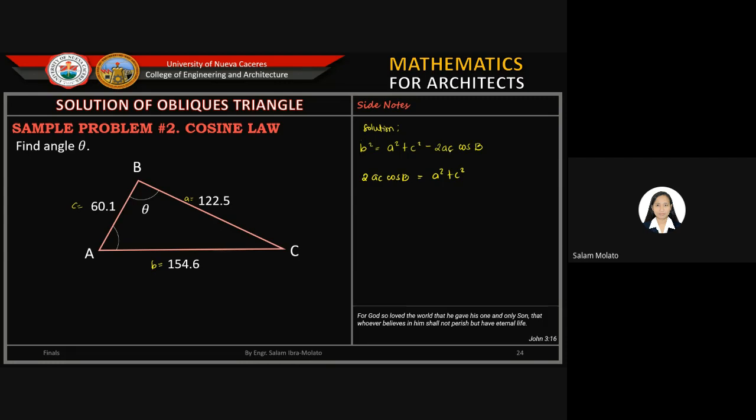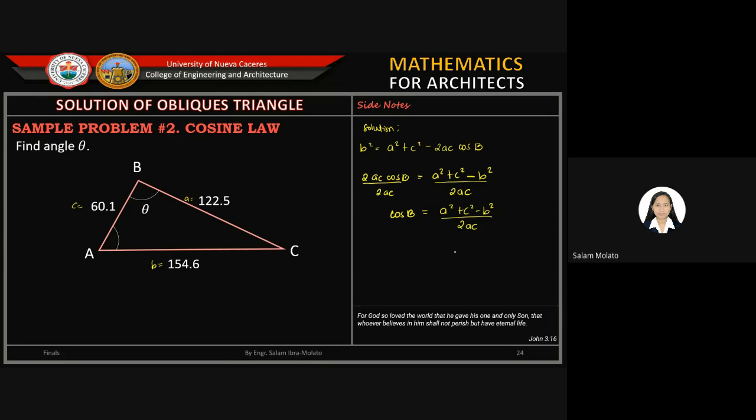Transposing B squared to the other side, it becomes negative B squared. Divide both sides by 2AC to isolate cosine B. So, cosine B is equal to A squared plus C squared minus B squared over 2AC. We can use this formula.